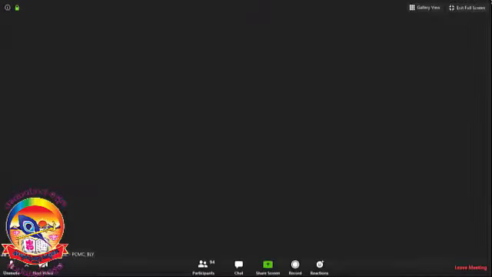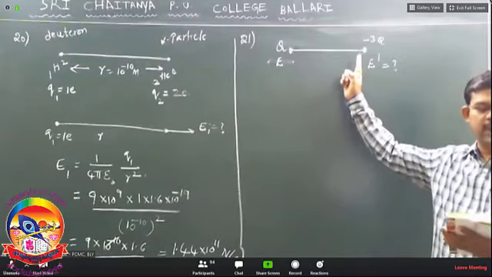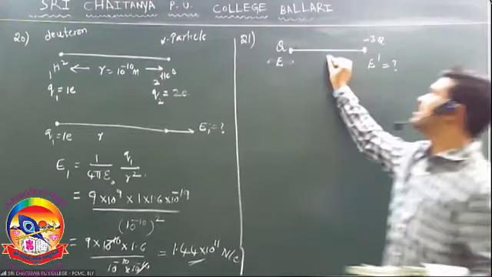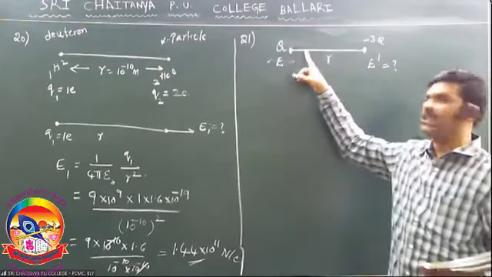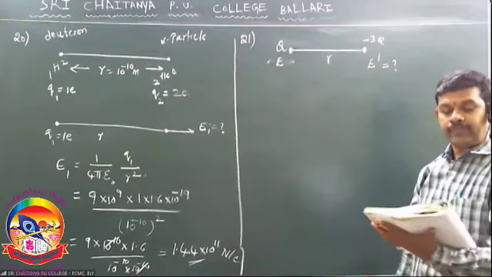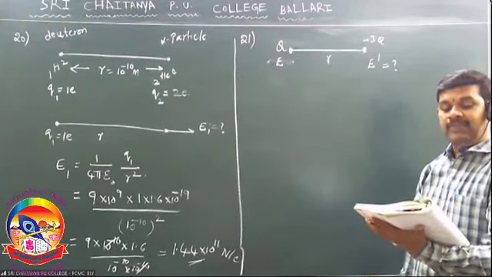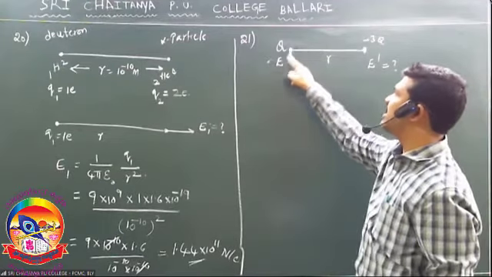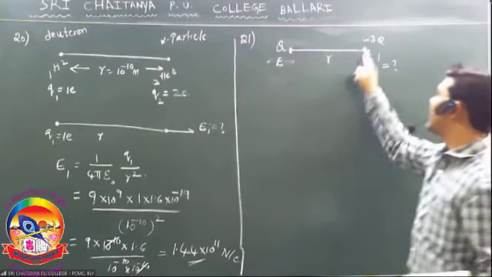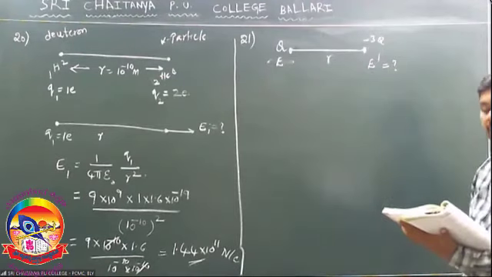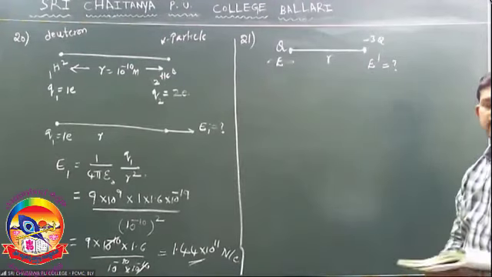See, what is given? 2 point charges Q and minus 3Q are placed at some distance, as shown here. And what is asked? If the electric field at the location of Q is E, at the location of minus 3Q, what is the electric field? That is asked.